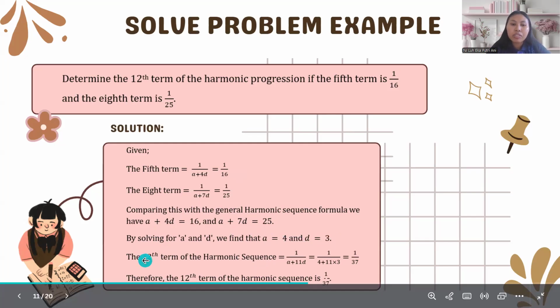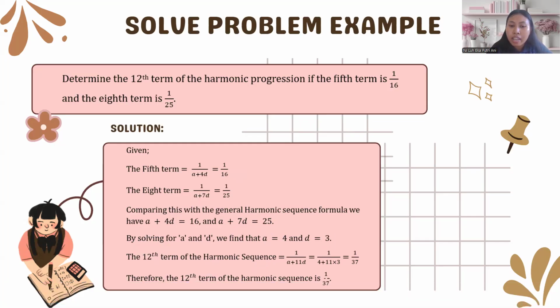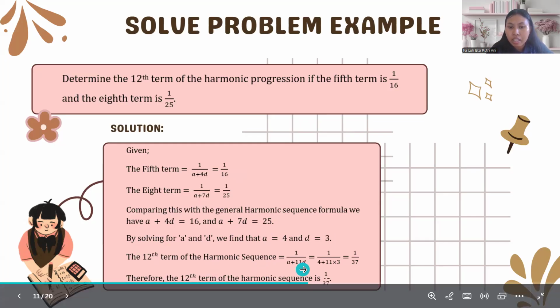Now, the 12th term of the harmonic sequence is 1 over a plus 11 times d, so we get 1 over 4 plus 11 times 3, and so we get 1 over 37. Therefore, the 12th term of the harmonic sequence is 1 over 37.